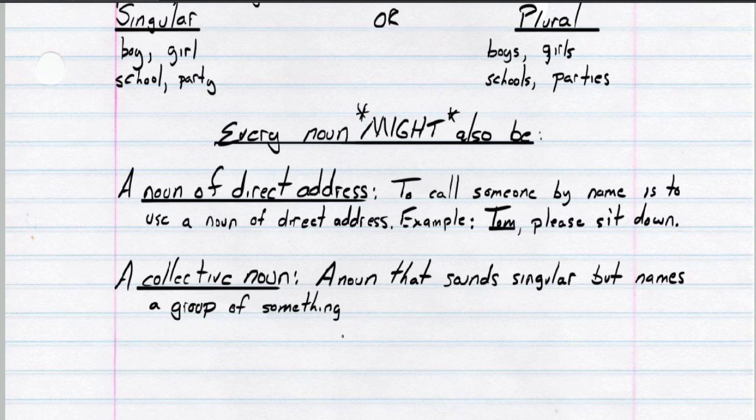Again, a collective noun is a noun that sounds singular but names a group of something. So you remember in the plurals I said most of the time we make a plural noun, we just add s on the end. Well, let me give you an example here of a collective noun in a sentence.